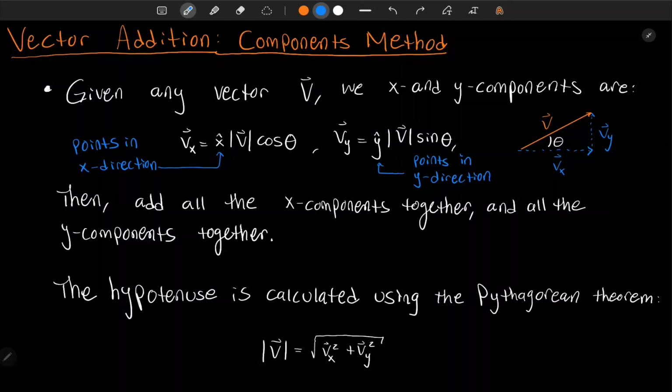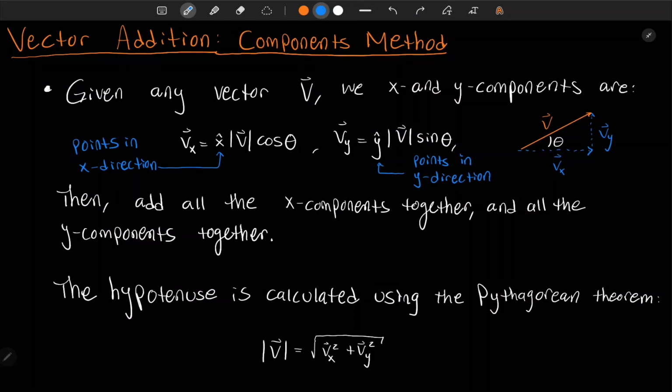So to do the components method, if you have two vectors, a and b, you just add the x components together, and then you add the y components together, and the sum of the x components gives you the x component of the resultant vector, and the sum of the y components gives you the y component of the resultant vector. And the hypotenuse is just calculated using the Pythagorean theorem.